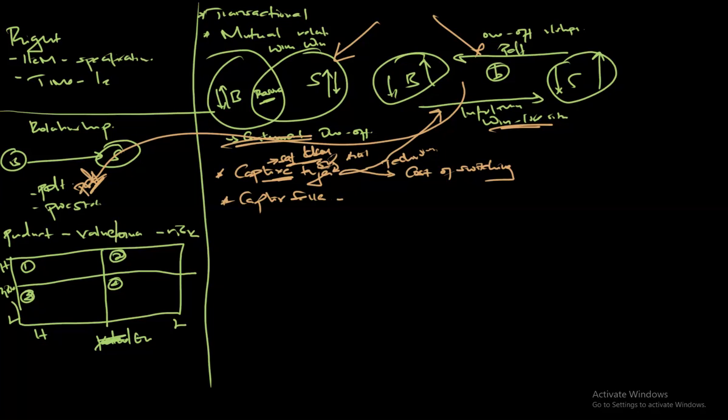Now, we go to a captive seller. The captive seller is created again by the technology of the product. And this is what I mean. The product is so complex that it has very few suppliers or very few buyers who can buy it in that form.